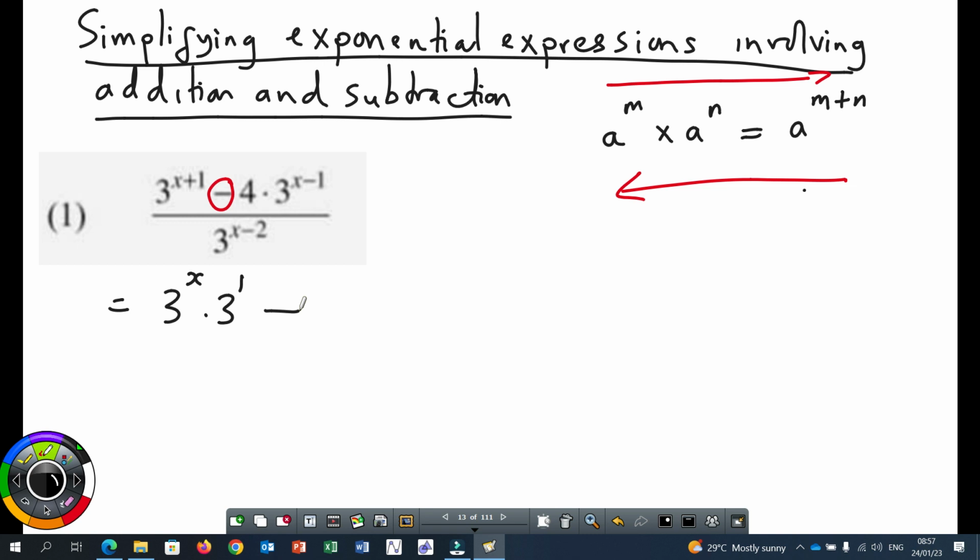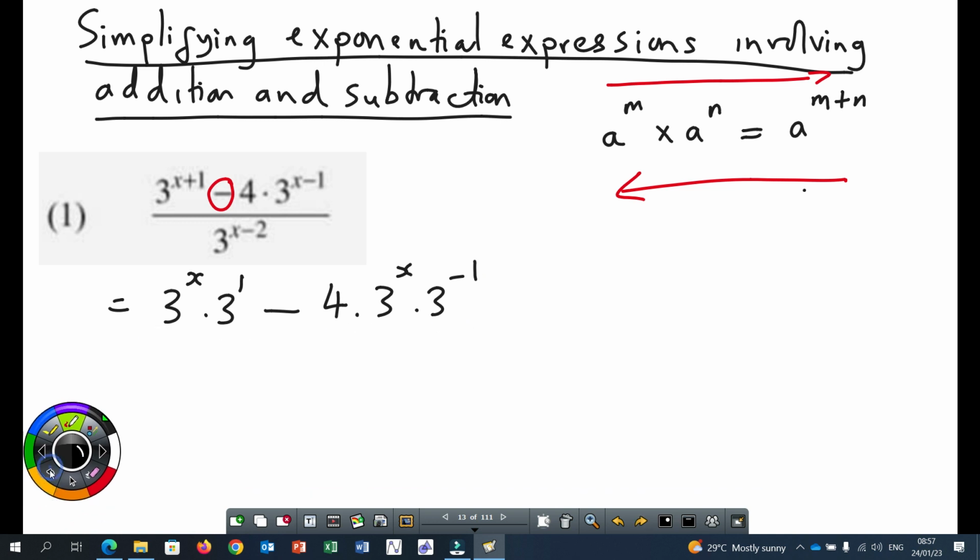It's not necessary for this question, so I'm going to leave it as it is. Times 3 to the power of x times 3 to the power of minus 1, all over 3 to the power of x times 3 to the power of minus 2. So I'm applying law 1, moving from the right-hand side towards the left-hand side.